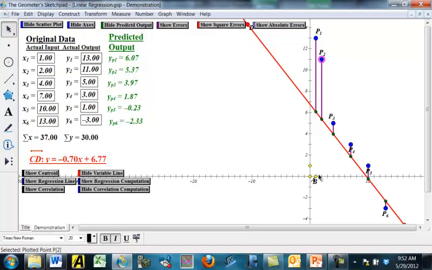Point P2 is 2, 11, as you can see. The predicted point with the same x value as P1 is this point right here. That is x1, y predicted 1. So that has the point 1, 6.07. And likewise, the predicted point with the same x2 is 2, 5.37, which you can see the coordinates there.